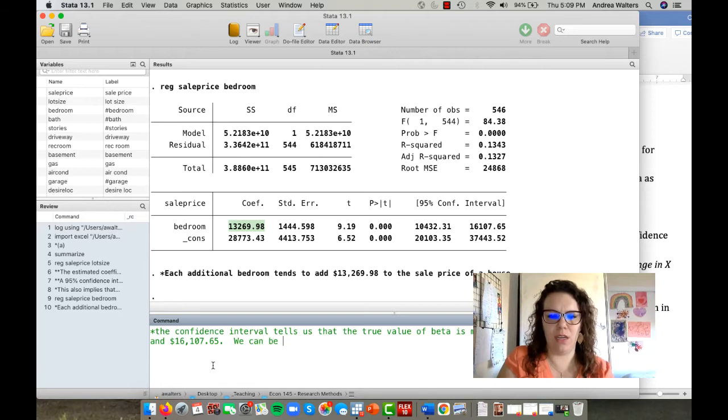We can be 95% certain that the true beta falls within this interval and is non-zero.